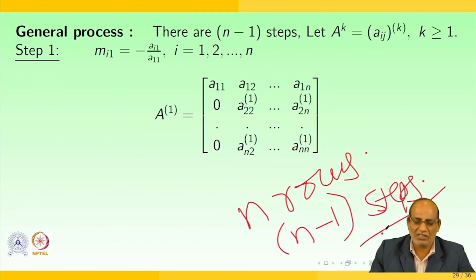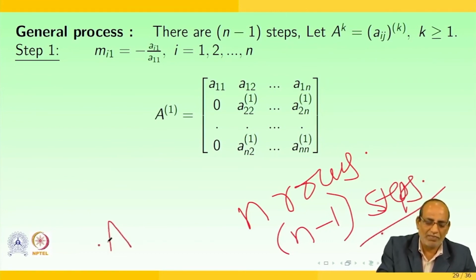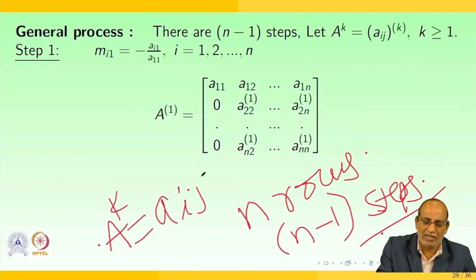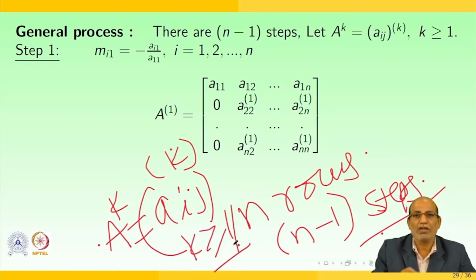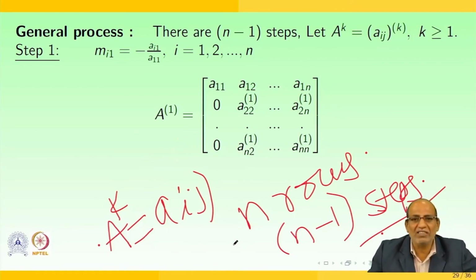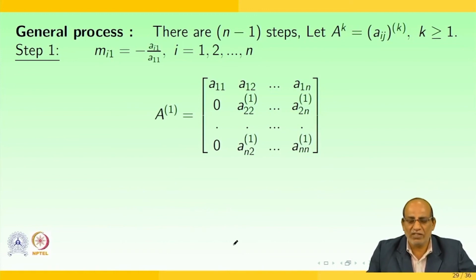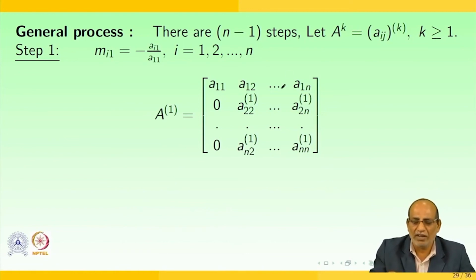So if you take n minus 1 steps, a_ij raised to power k, where k is greater than or equal to 1. Now, what is the coefficient matrix? The coefficient matrix A1 is a11, a12, a13, ..., a1n.